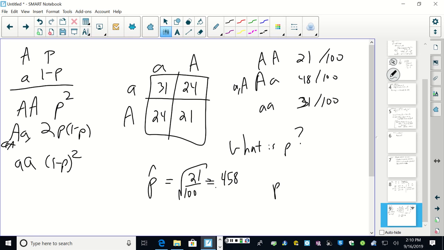A different alternative: you could take the square root of 31 over 100, because that's going to be kind of like estimating the 1 minus p, and then take 1 minus that. So that would be a different possibility. That ends up being 0.443. So it's different. Maybe you could take the average of those two. That would be a compromise.